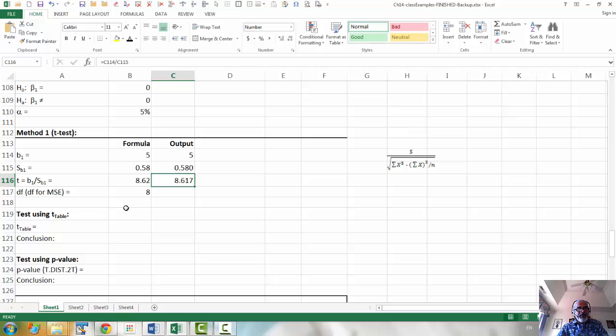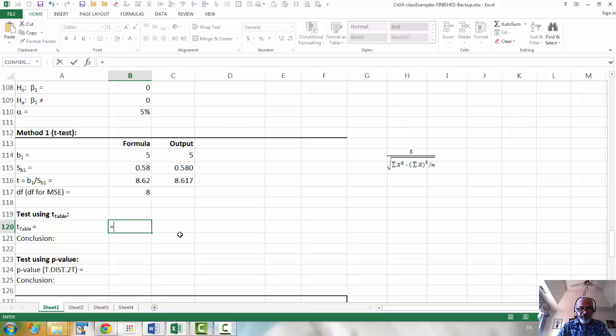Now we can use the t table value approach. The t table value will be T.INV.2T, where the probability is your alpha value and the degrees of freedom is 8.